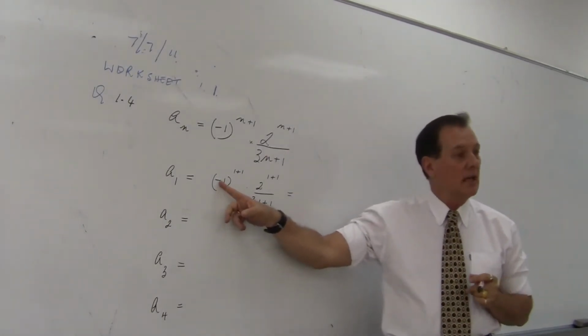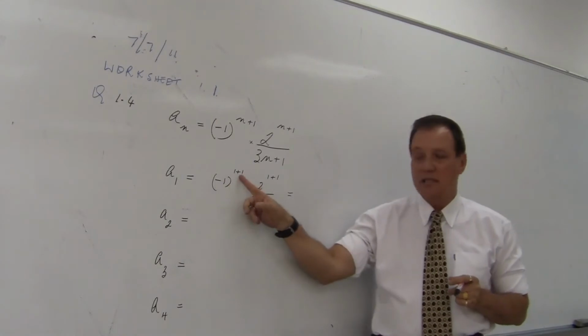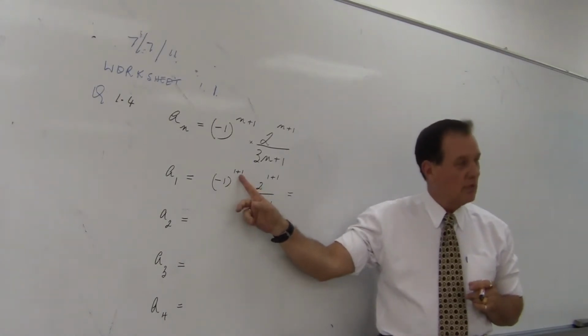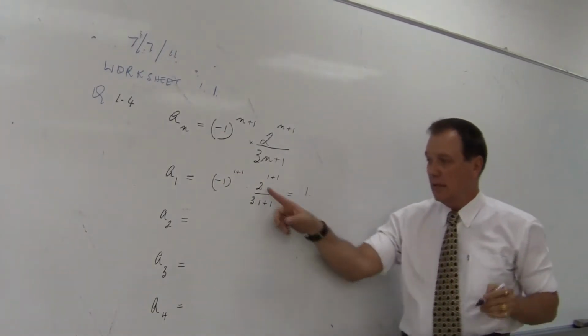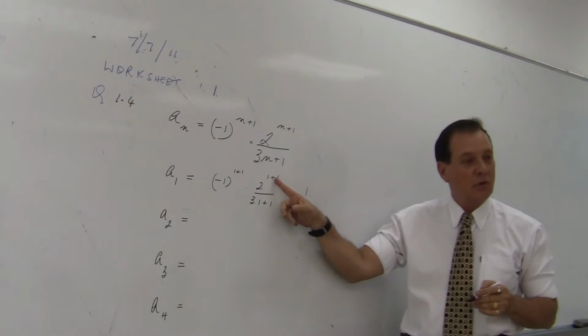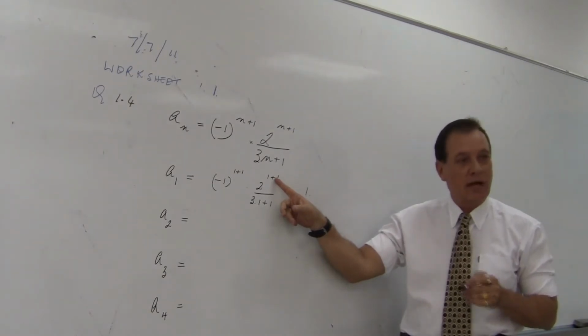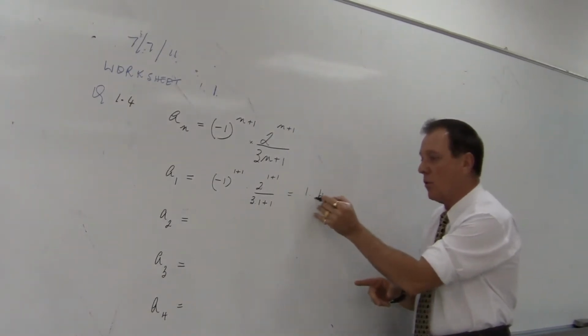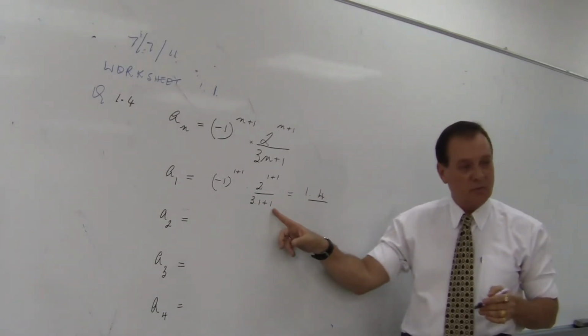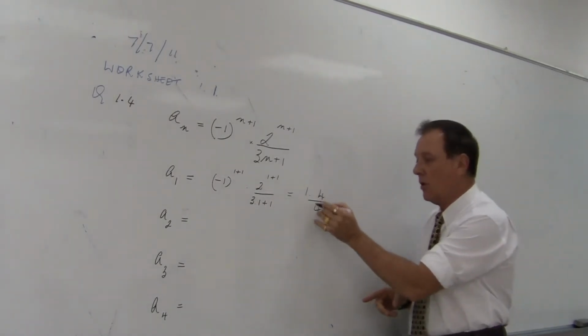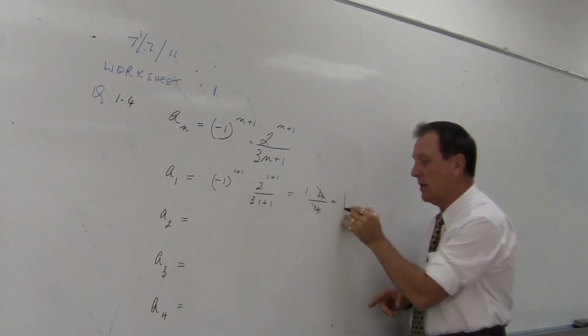This is -1 raised to the power of 2, -1 squared, so it's going to be just 1. Here, 2 to the power of 2, 2 squared is 4. Here we've got 3 times 1 is 3, plus 1 is 4. So that cancels nicely, just 1.